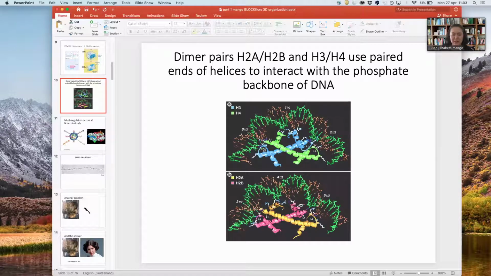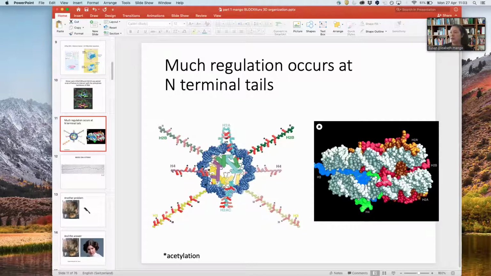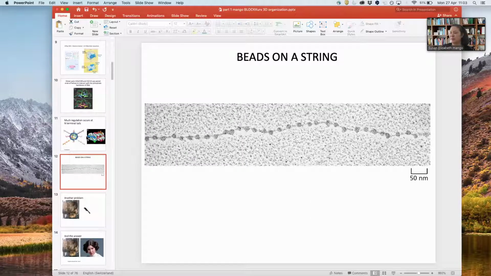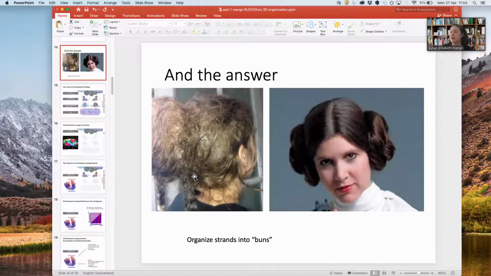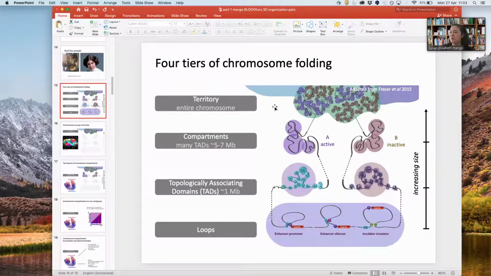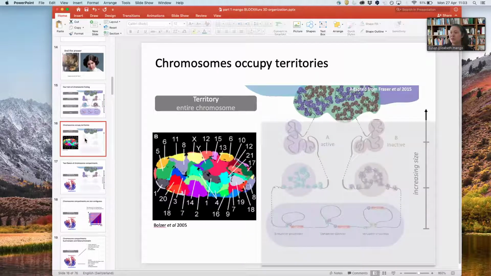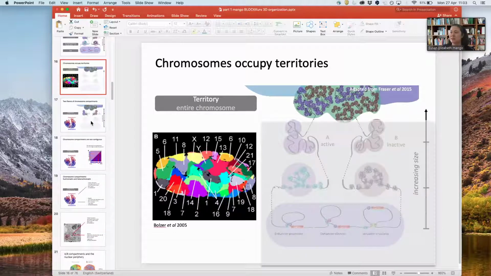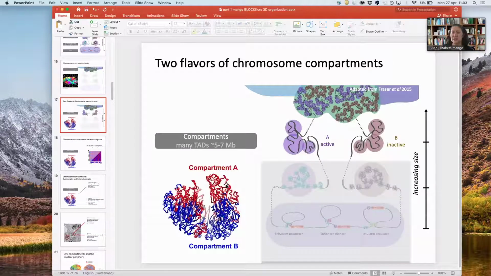Tails, beads on a string. What we're trying to avoid and how the cell fixes things. I should point out that you have a PDF of this whole lecture on Adam. So here's the overview of chromosome folding. Territories. Compartments.